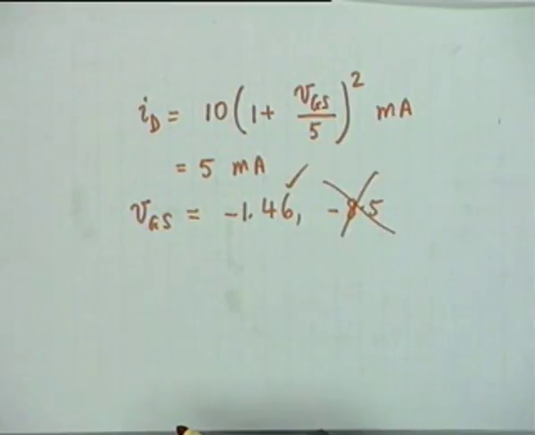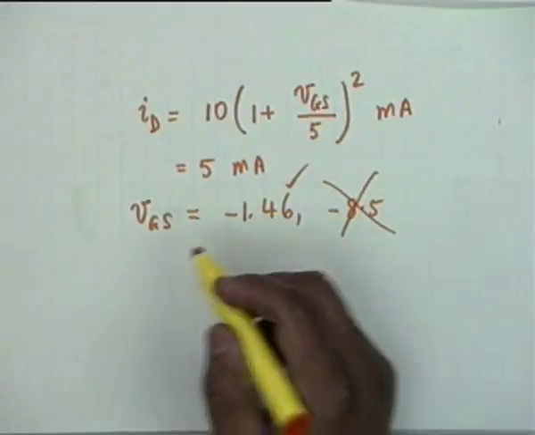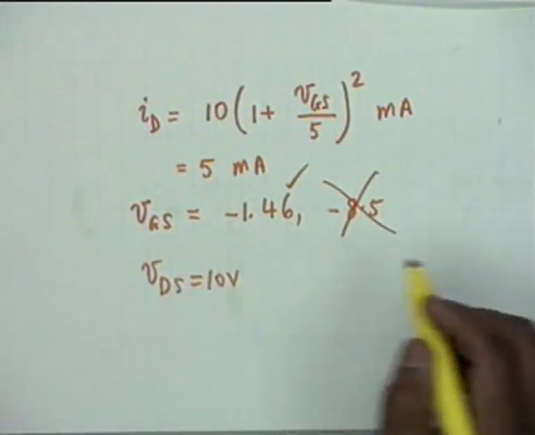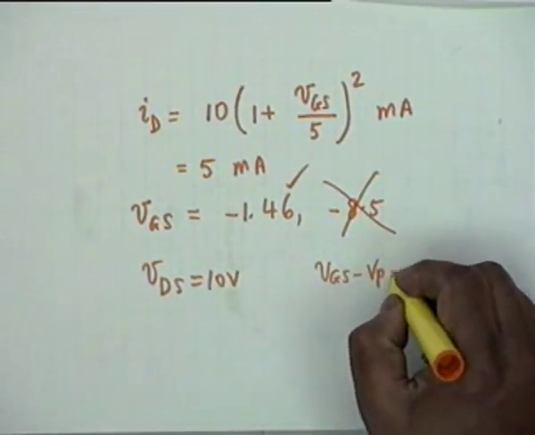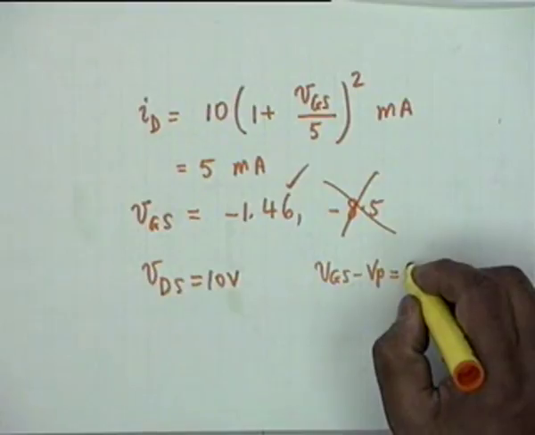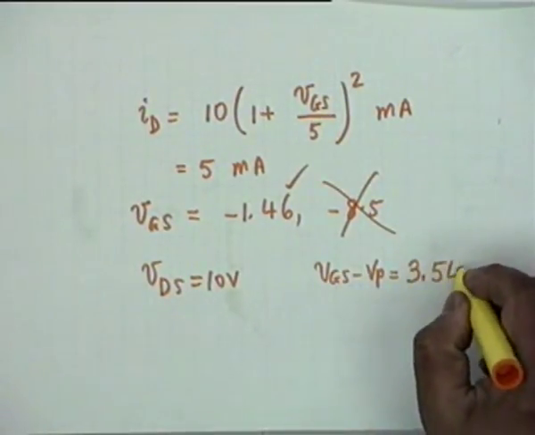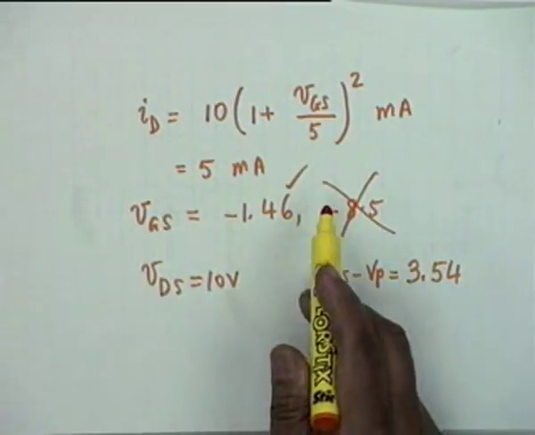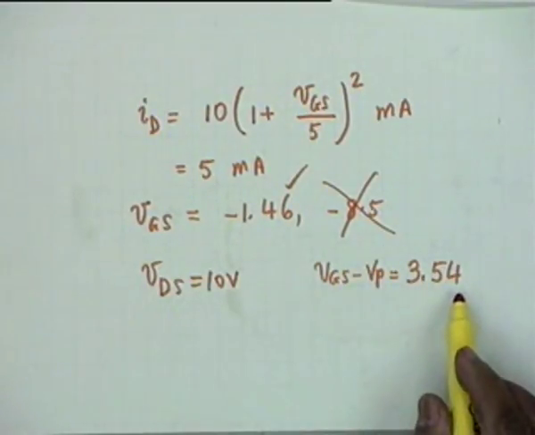Under this condition, that is VGS equal to minus 1.46 and VDS equal to 10 volt, what is VGS minus Vp? That is equal to 3.54. Isn't that right? VGS minus Vp, so 5 minus 1.46, that is 3.54.